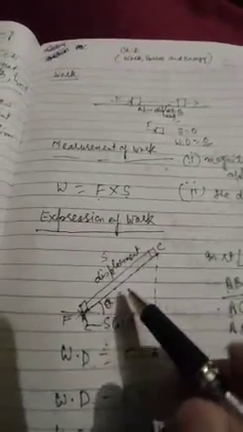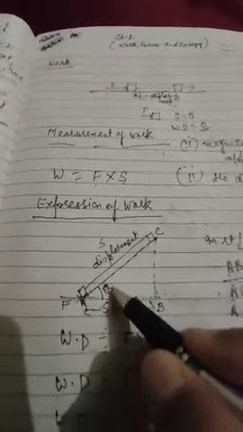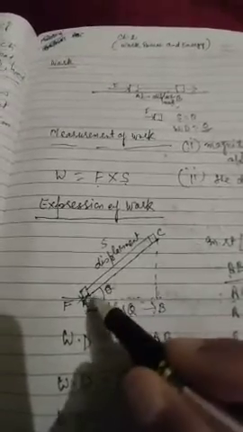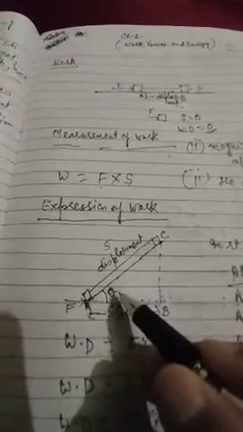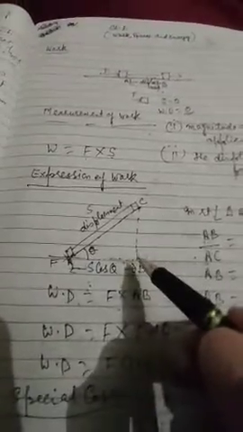Now the displacement of the body is AC, which is at an angle theta to the direction of the force applied. Clear? So to find the component of displacement in the direction of the force applied, we will apply the Pythagoras theorem here.